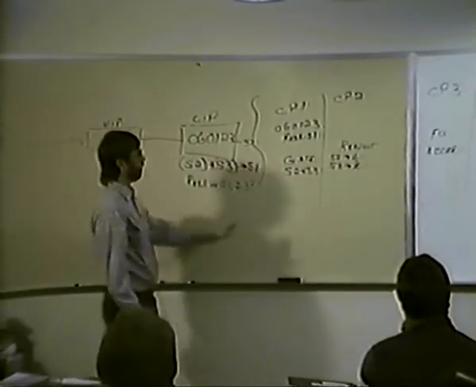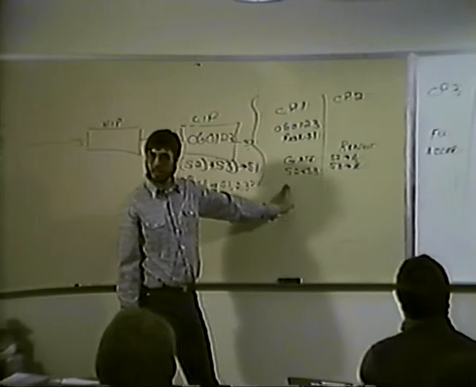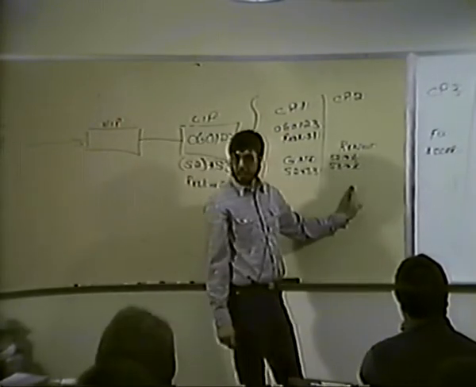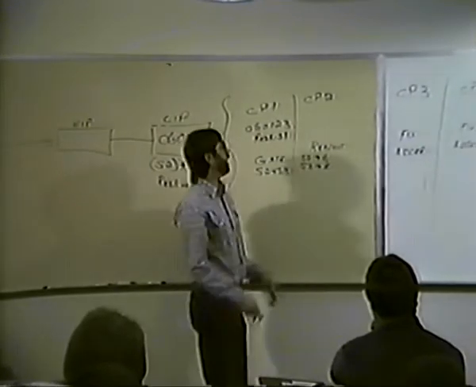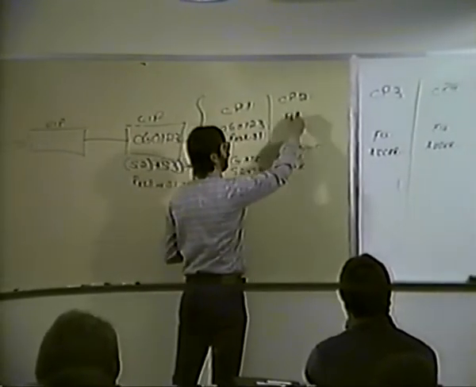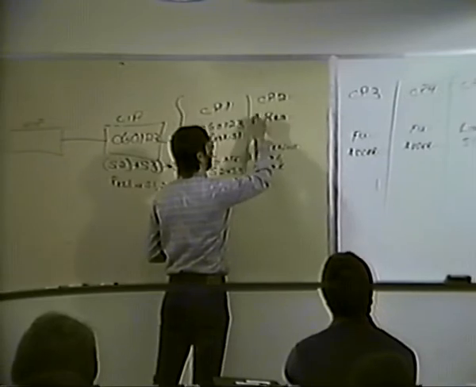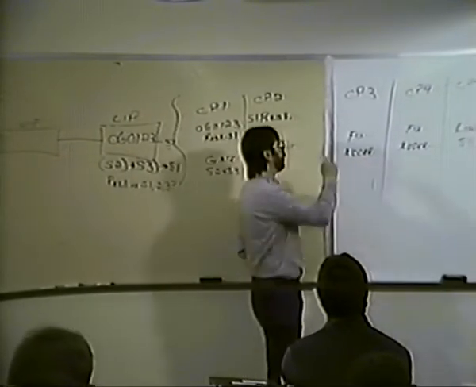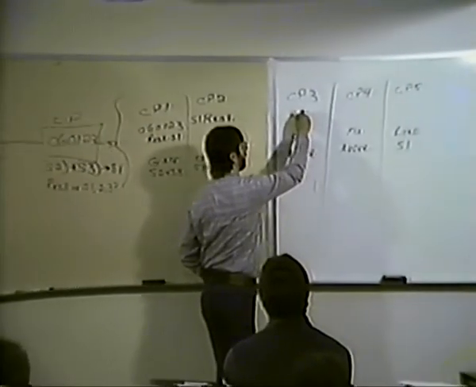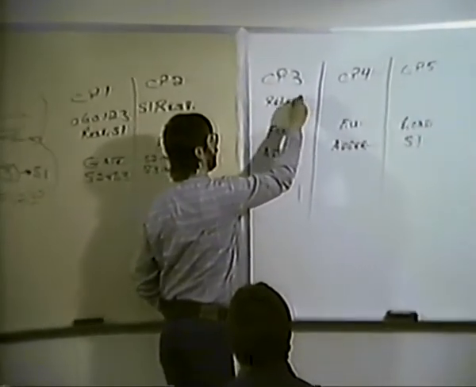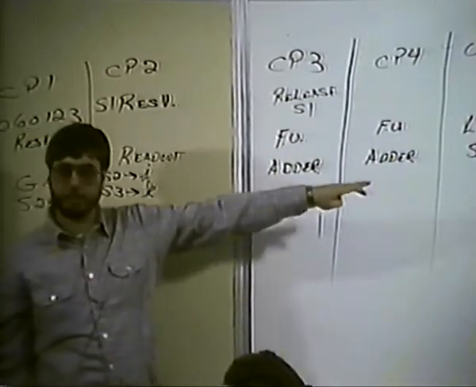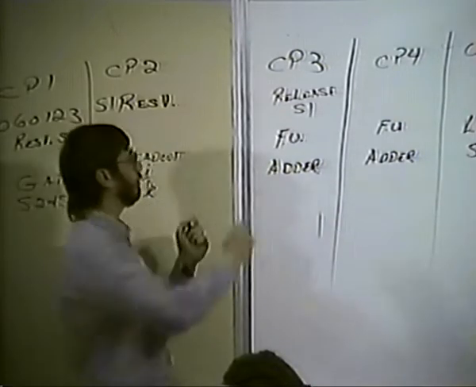If we have another 060 instruction here at CIP time, it's going to be held for functional unit time again, so S1 is still reserved. At clock period 3, we'll release it and generate the bypass signal if there was an instruction waiting to use S1.